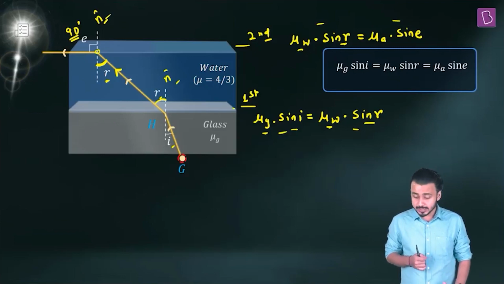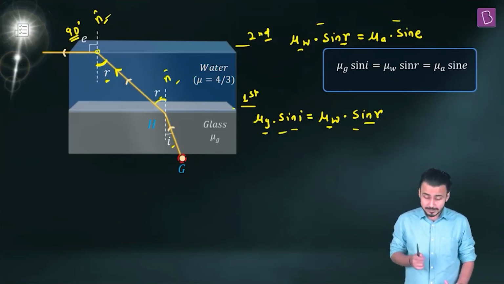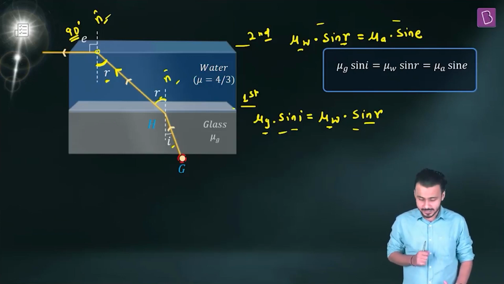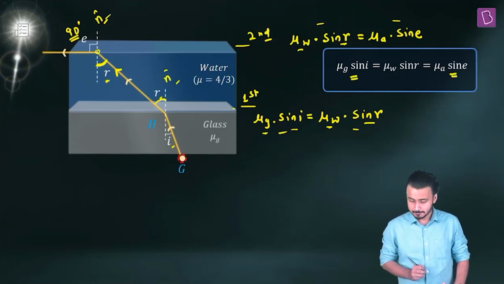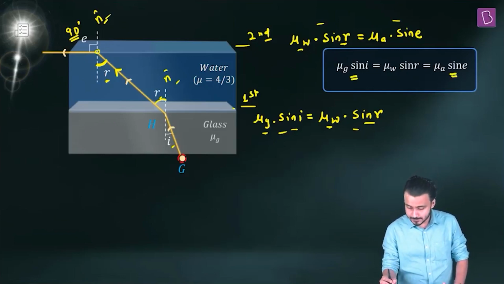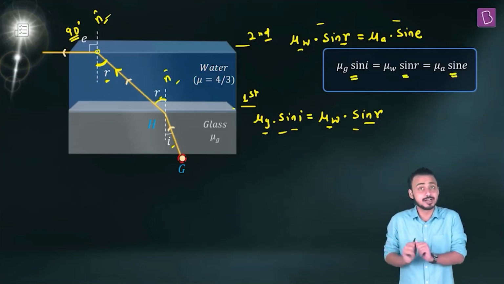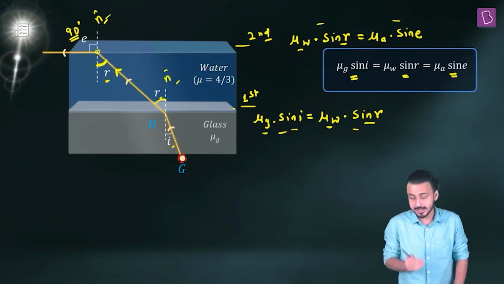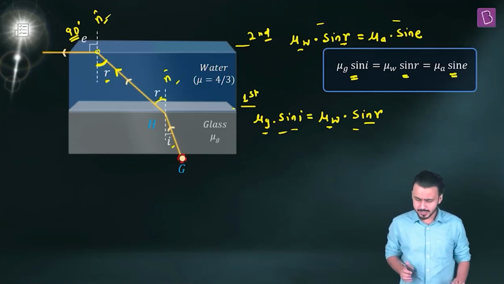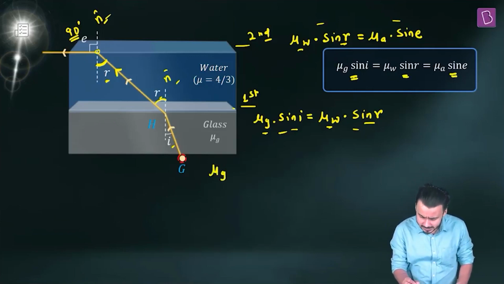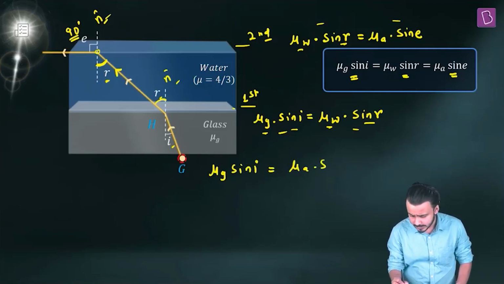You are supposed to get the value of mu of glass in terms of I. So I can leave the middle term and put C. If A is equal to B is equal to C, I can use A is equal to C. So mu g sine I is equal to mu air into sine E.